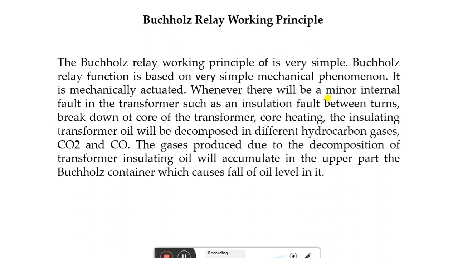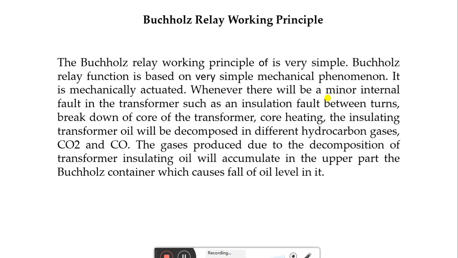Whenever there will be minor internal faults in the transformer, such as an insulation fault between turns, breakdown of the core of the transformer, or core heating, the insulating transformer oil will be decomposed into different hydrocarbon gases such as CO2 and CO. The gases produced due to the decomposition of transformer insulating oil will accumulate in the upper part of the Buchholz container, which will cause a fall of oil level in it.